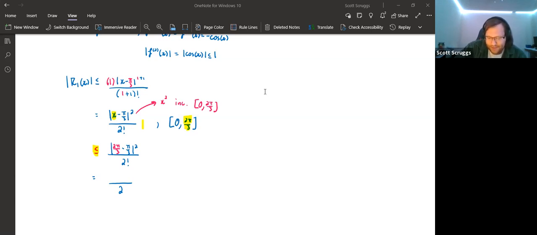That's already positive, so the absolute value becomes redundant. Pi over 3 squared is pi squared over 9.